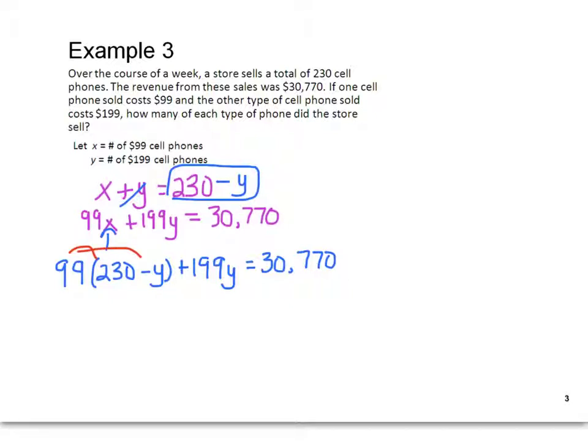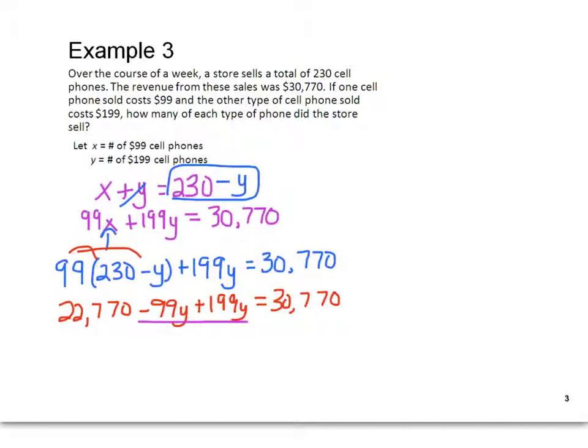So 99 times 230 is 22,770. 99 times negative y is negative 99y, plus 199y, equals 30,770. So I'm going to do two steps at once here.